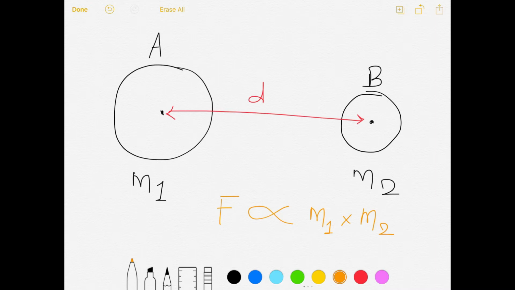So the first statement of Newton's law of gravitation says that the force is directly proportional to the product of their masses, and it also says that the force is inversely proportional.